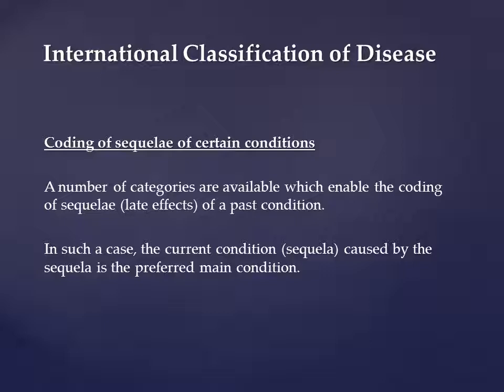However, where a past condition is responsible for the presence of multiple current conditions and not one of the current conditions can be identified as predominant, then the sequela code for the past condition may be used as the preferred main condition, and it is then followed by codes for each of the current conditions.